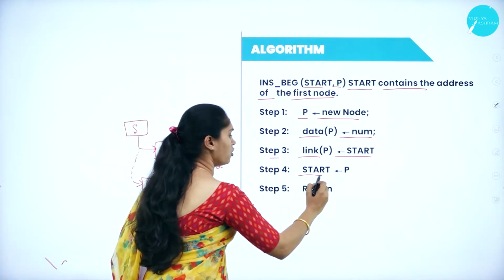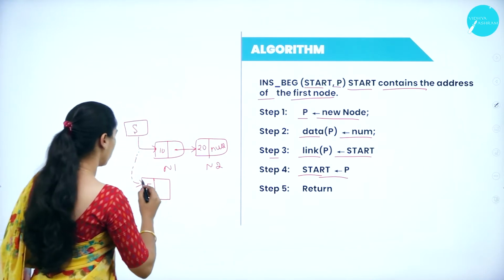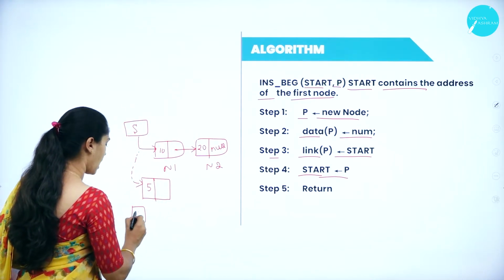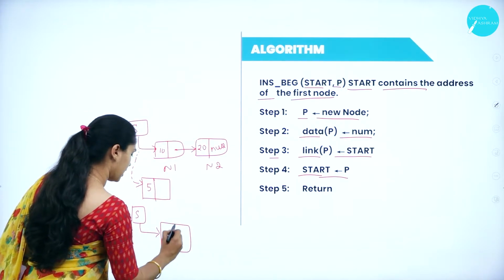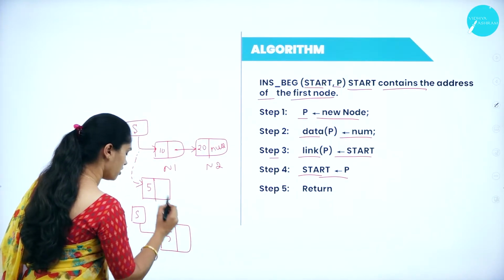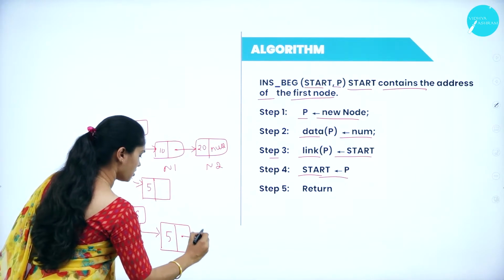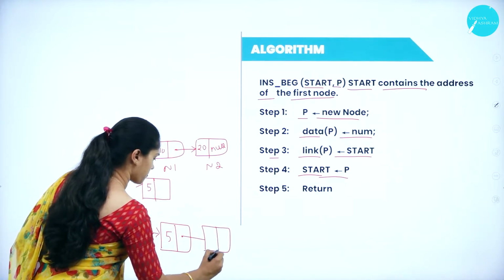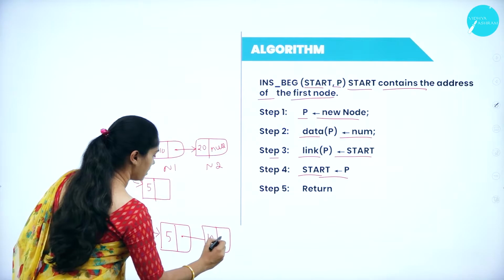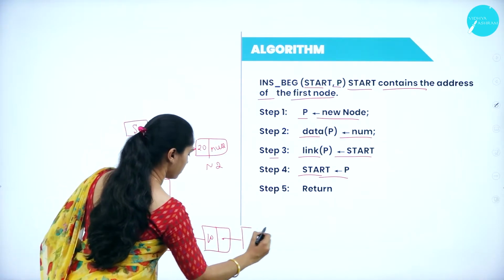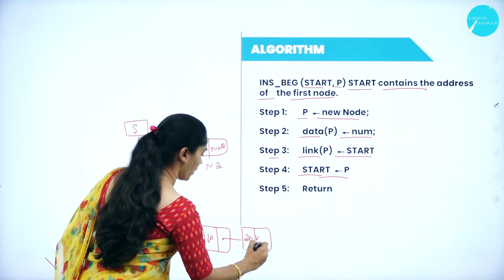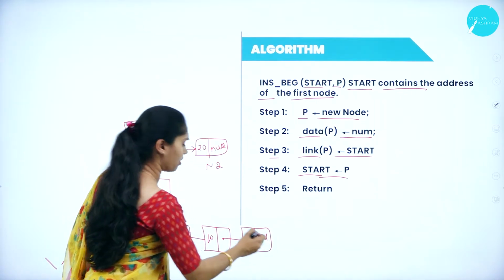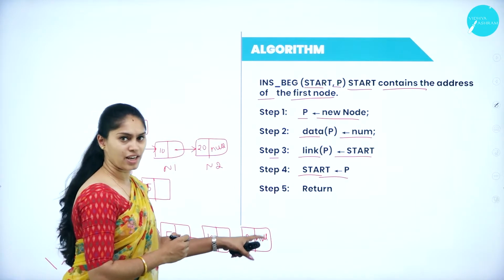Then start of p. So now the start pointer points to the new node that contains the information 5, and this points to n1, which has 10, which points to the next node whose info is 20, and at last it has the link field as null.